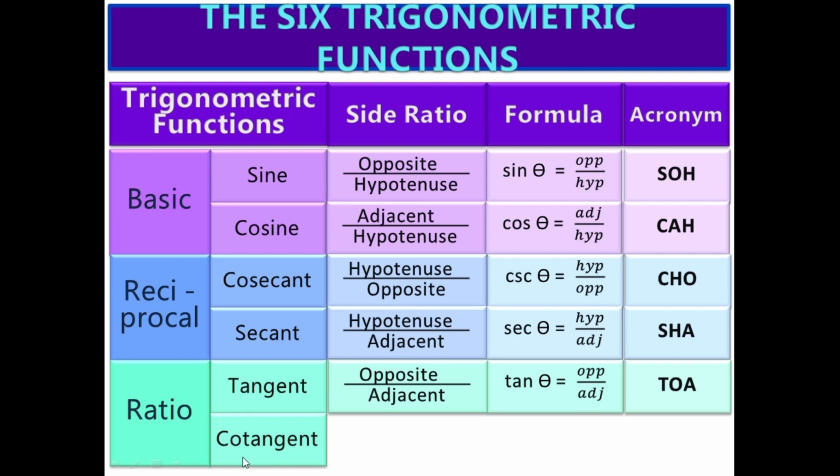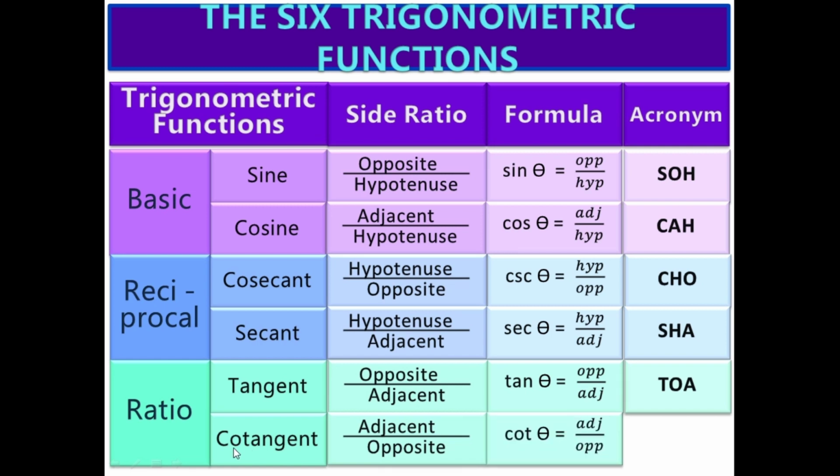Next is the cotangent, so that is reciprocal of tangent, that is adjacent over opposite. So the formula will be cotangent is equal to adjacent over opposite, so that is C is equal to A divided by O, or CAO.